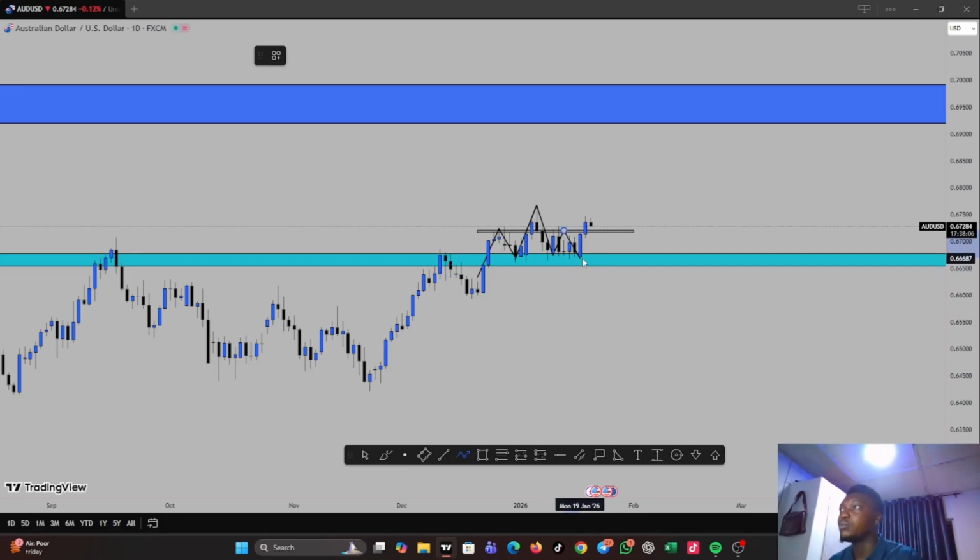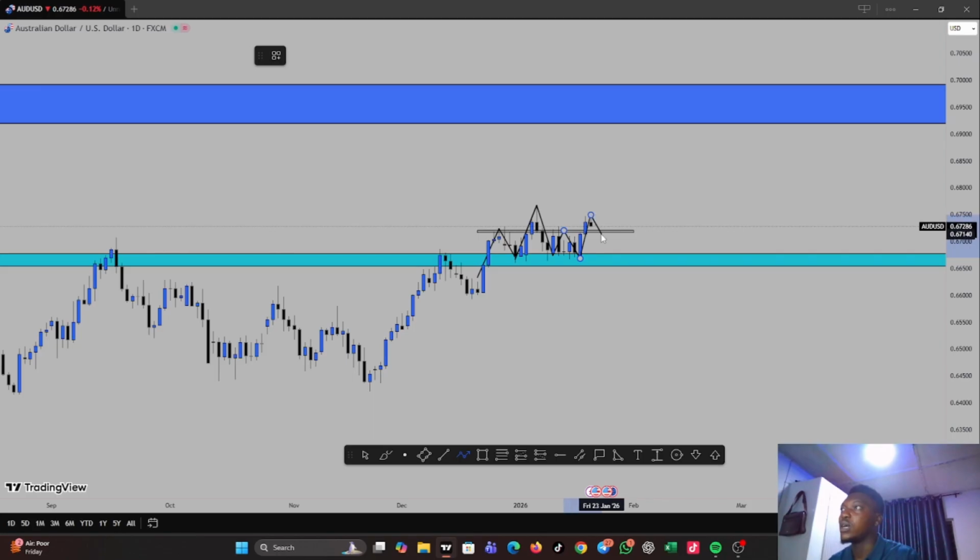But now price has been able to invalidate this pattern. So how do I know this? I explain all of this in my trading course. If you want to get that, you may reach out to me. So price has been able to invalidate this.